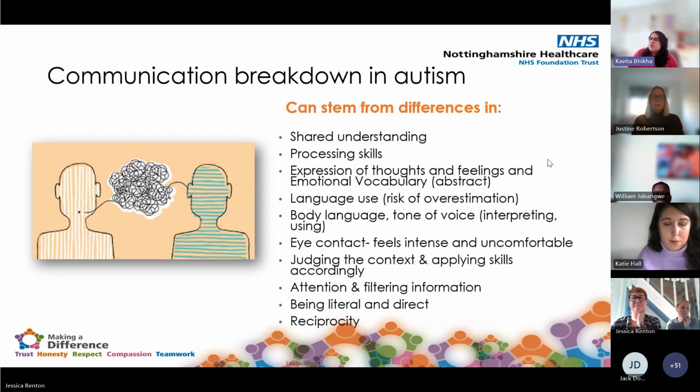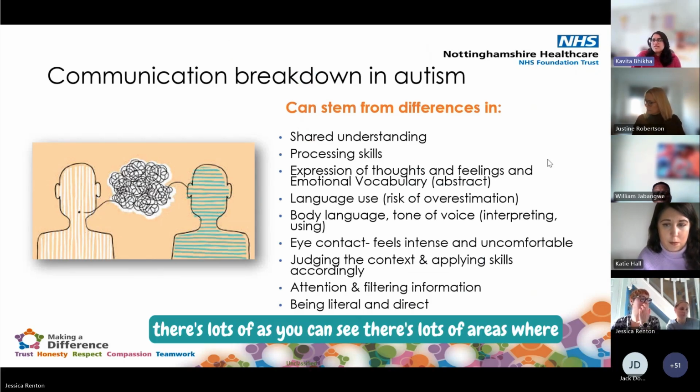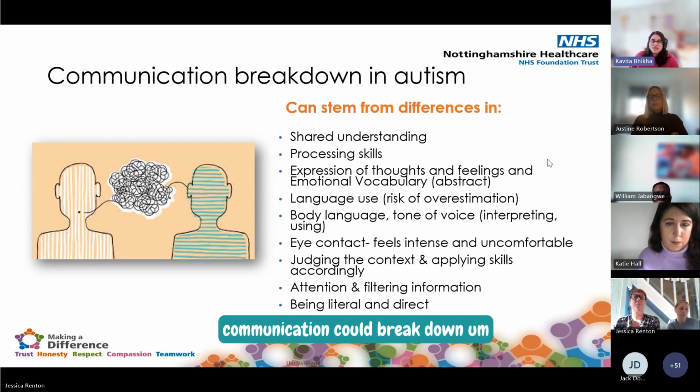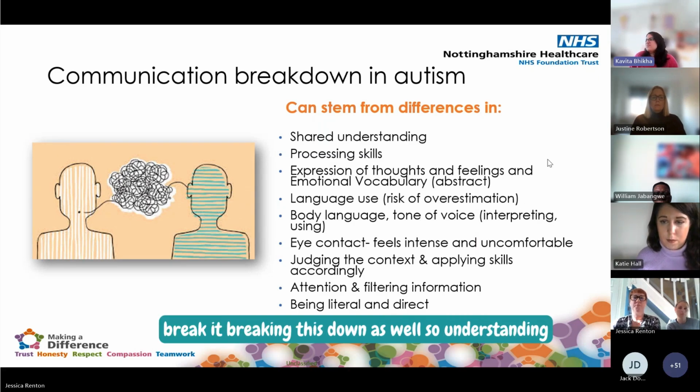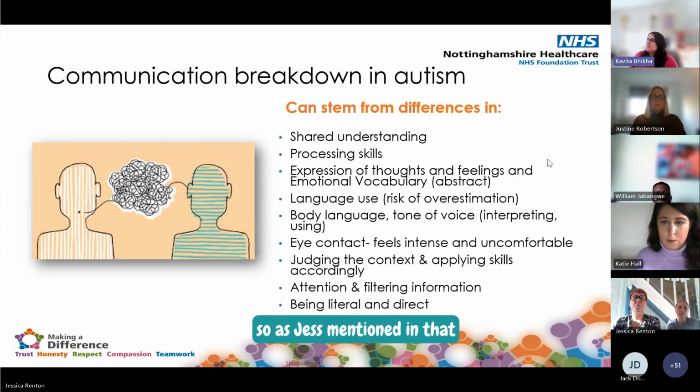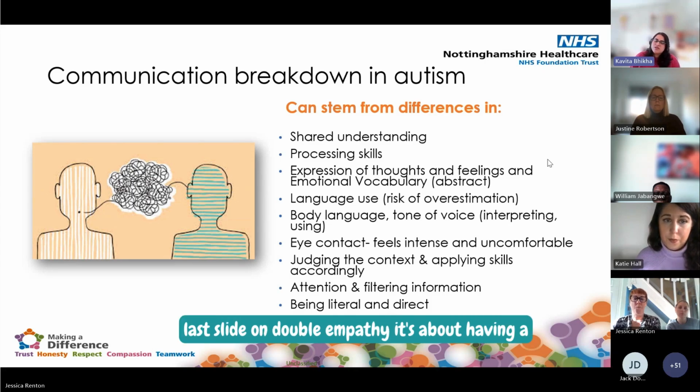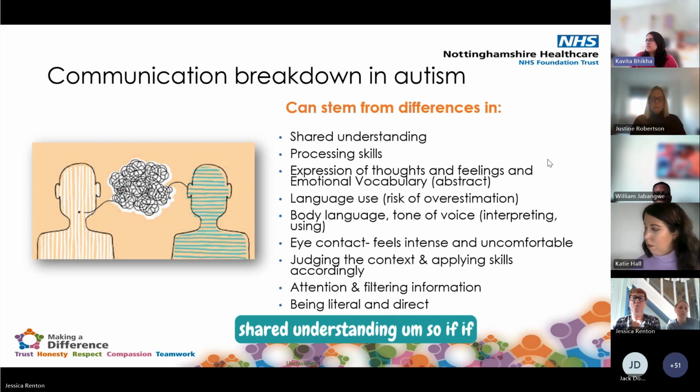Okay. So as you can see, there's lots of areas where communication could break down. So thinking about breaking this down as well. Understanding: as Jess mentioned in that last slide on double empathy, it's about having a shared understanding.